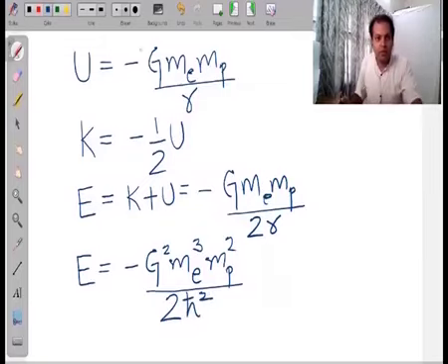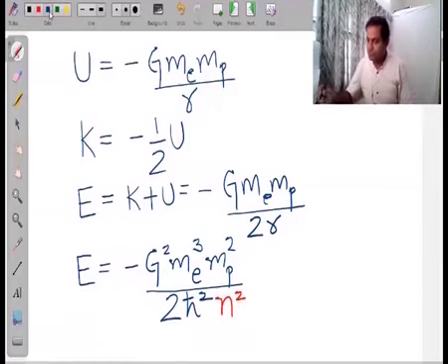And the important thing here is N square. That tells us that the dependence of the energy levels with the quantum number is just the same.